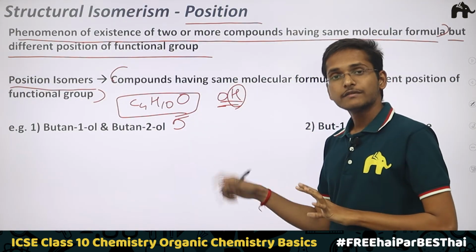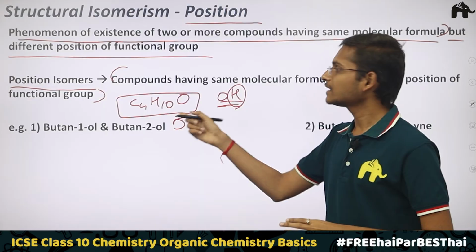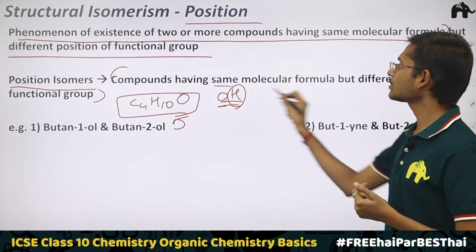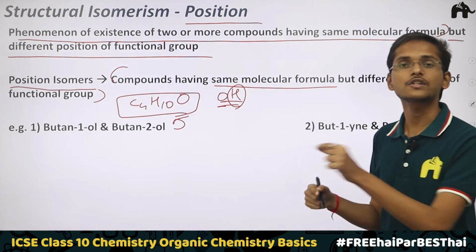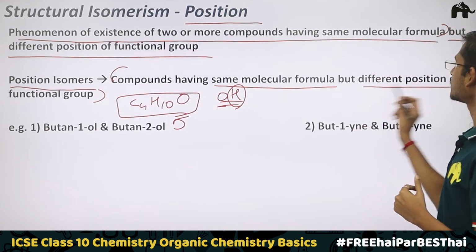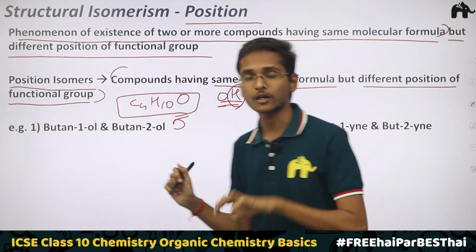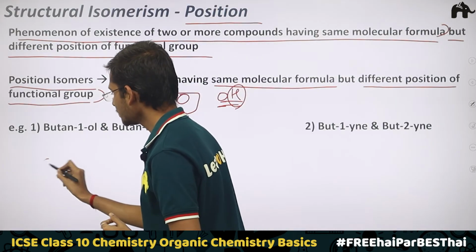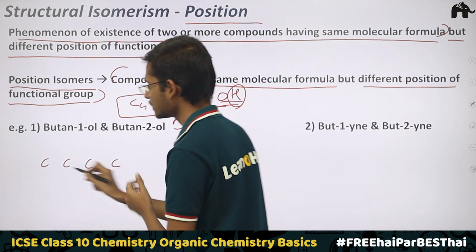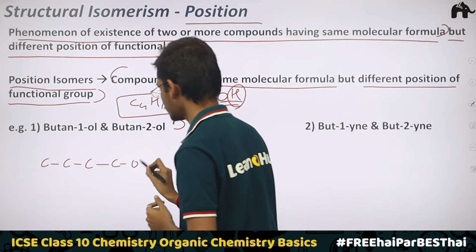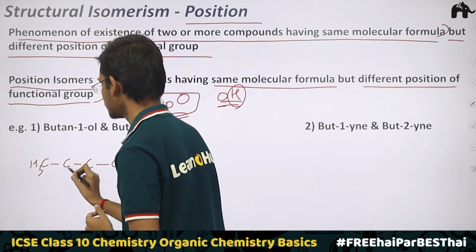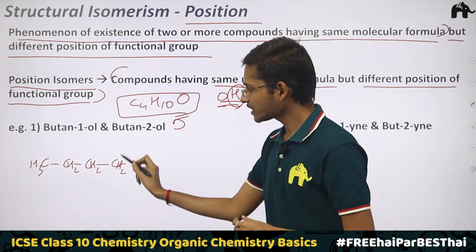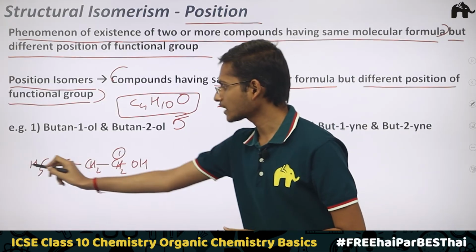Though these compounds have the same molecular formula, they have different positions of the functional group. Let me tell you how. In butan-1-ol, this is the structure, which you can write on your own as well: CH3, CH2, CH2, and then CH2OH. Here the OH group is attached to the first carbon of the carbon skeleton.